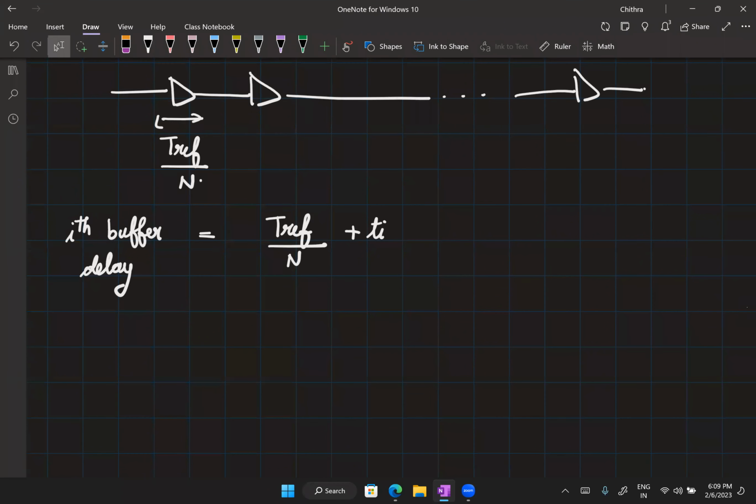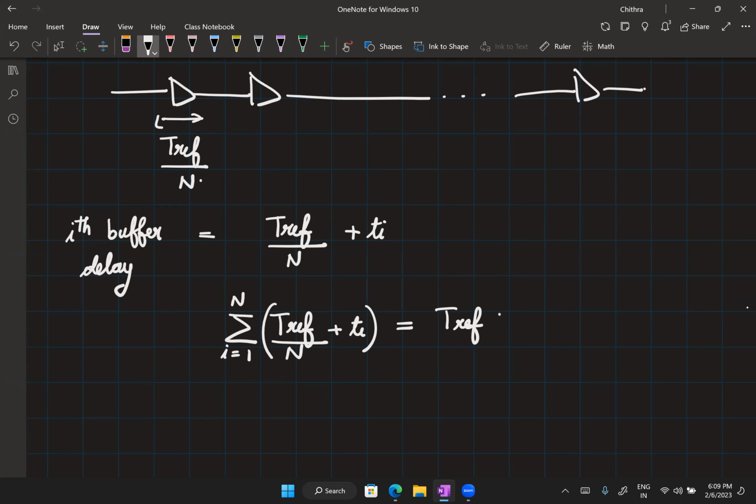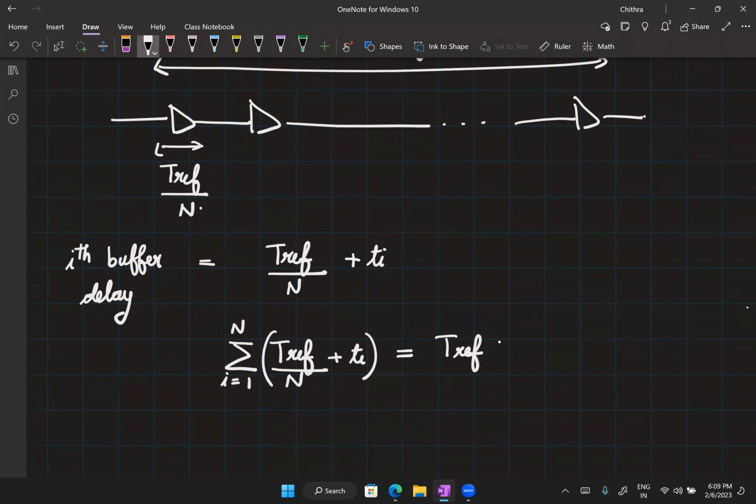And all that the DLL ensures is that the summation of all these buffer delays, which is the summation of Tref by n plus Ti, where i goes from 1 to n, is equal to Tref. Okay, the DLL is locking the total delay. It is not giving us any guarantee about the individual buffer delays. So if you have mismatches in the transistors, you can have different delays for these buffers. And in applications like a time to digital converter, this is a problem because we were relying on the delay of a buffer being completely known.